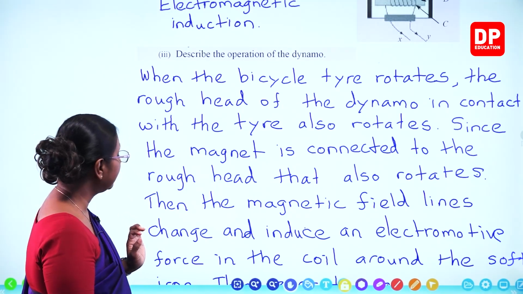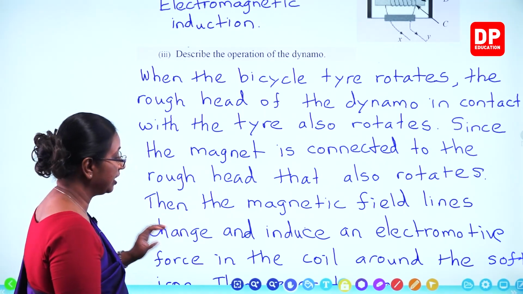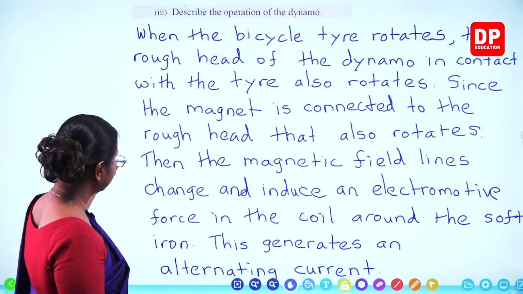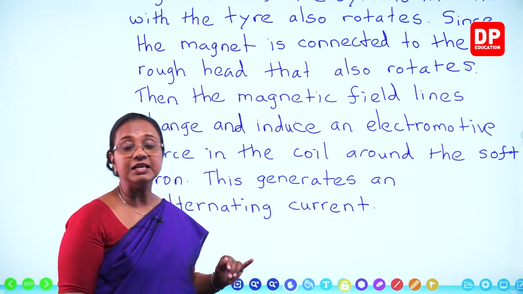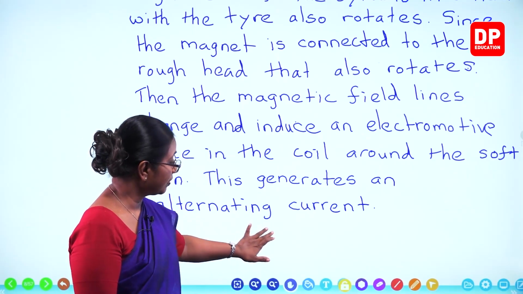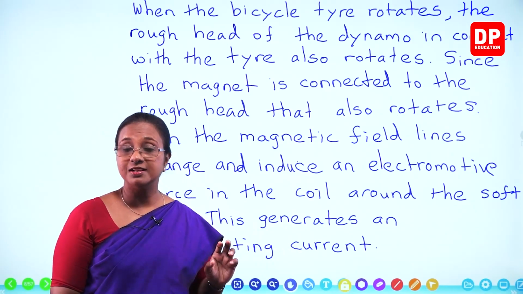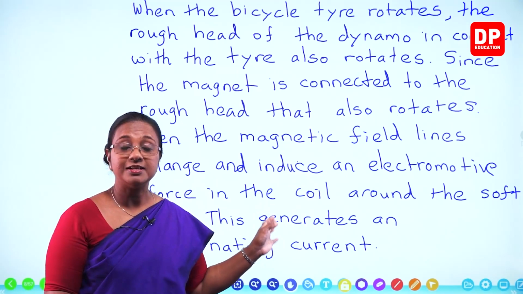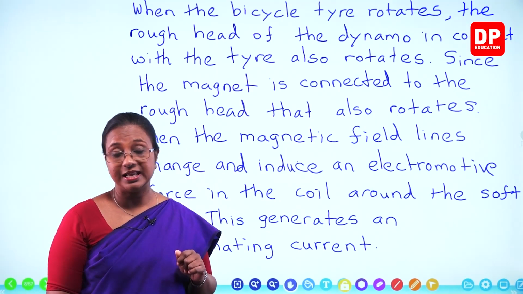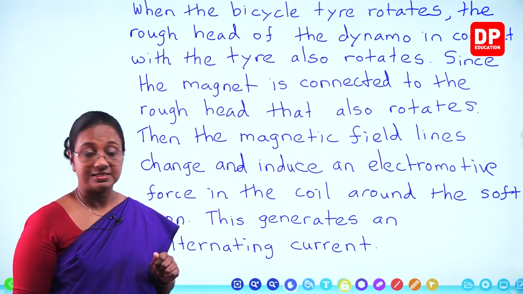Then the magnetic field lines change and induce an electromotive force in the coil around the soft iron. This generates an alternating current. So you all know, usually due to electromagnetic induction, the current that is generated is the alternating current. So bicycle dynamo also generates alternating current. With that, students, I will move on to the next slide.